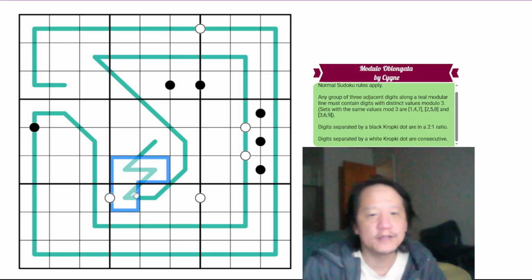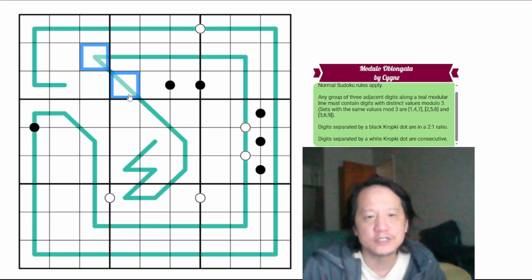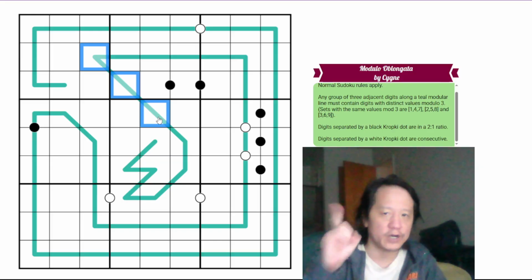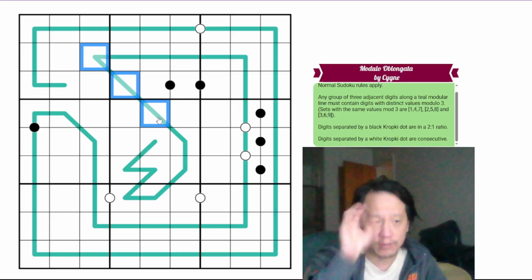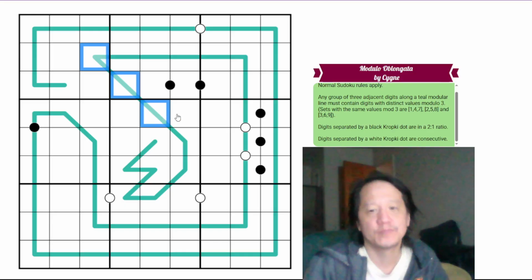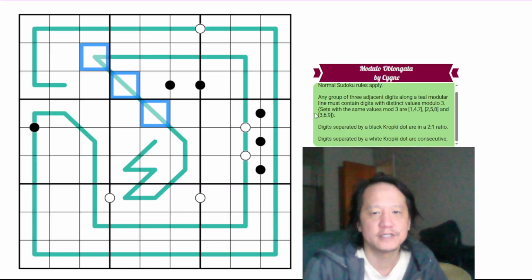So for any 3 adjacent digits along this line, you have to have one from 1 mod 3, one from 2 mod 3, and one from 0 mod 3, which equate to the 147 set, the 258 set, and the 369 set. We also have digits separated by a black dot are in a 2-to-1 ratio.